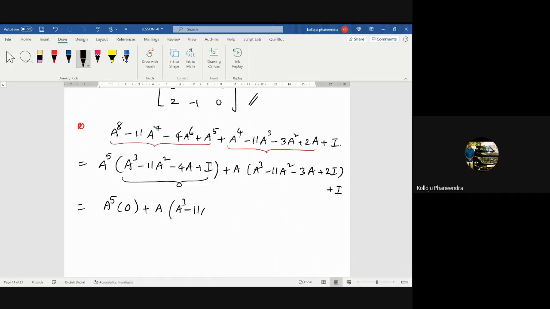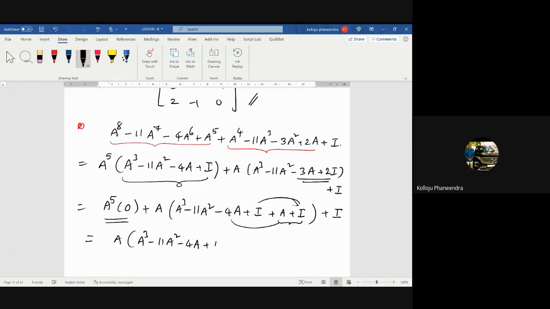So this equals A power 5 into 0 plus A into A cube, 11A square, but here it is minus 4A, right? So I am taking this as minus 4A plus I. What are the extra terms here? Plus A and plus I. These two are the extra: to get again minus 3A plus 2I, minus 4A plus A is minus 3A, and I plus I. So this equals, already this is 0, no need to write, A cube minus 11A square minus 4A plus I, and let us separate these two: A into A plus I, plus I. And again what is this value? 0.